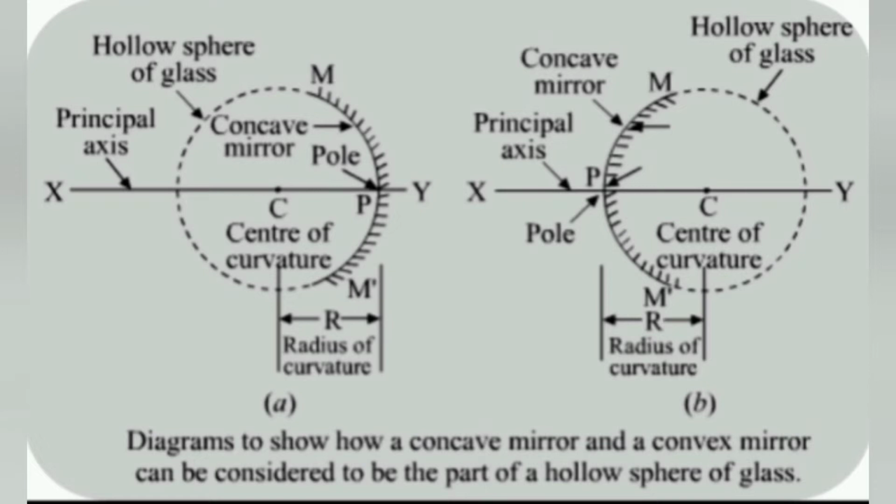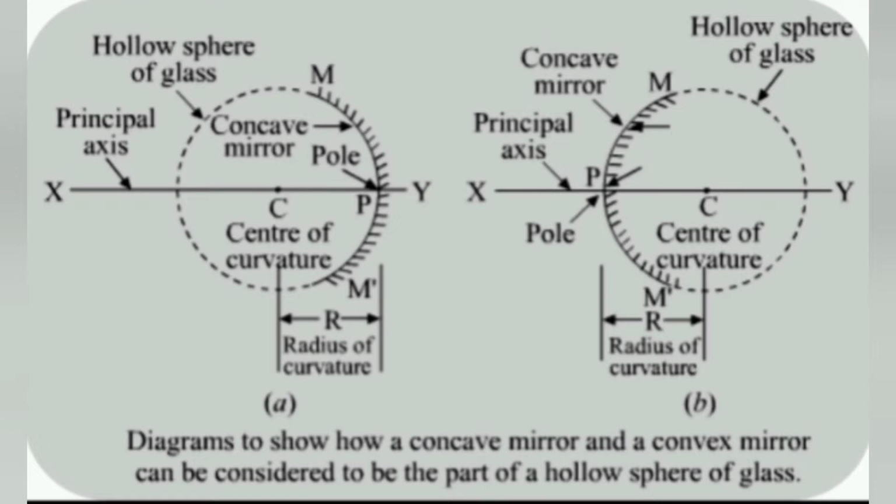But the center of curvature is not a part of the mirror, because it lies outside the reflecting surface of the mirror. In case of a concave mirror, the center of curvature lies on the front side, whereas in case of the convex mirror, it is behind the mirror. Then come to the pole. The center of a spherical mirror is called its pole, which is represented by the letter P in the diagram.